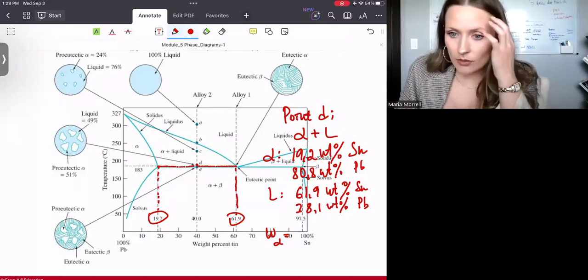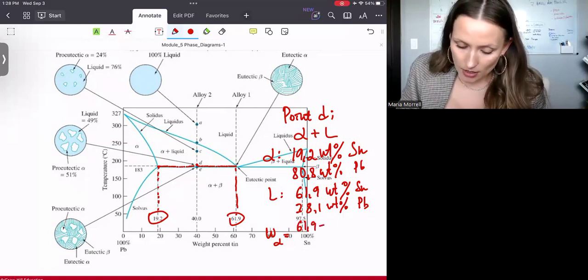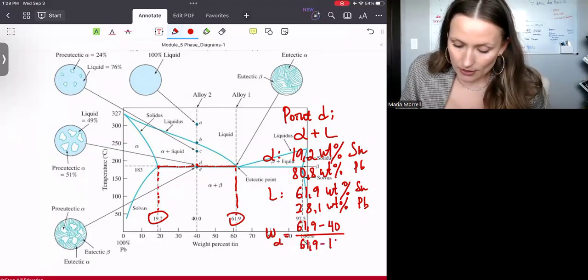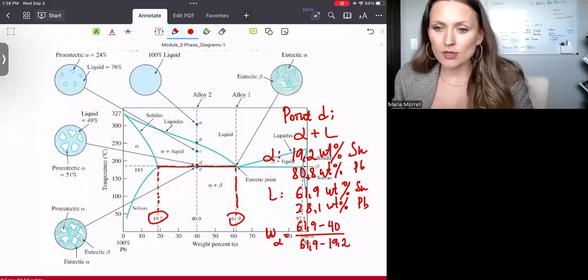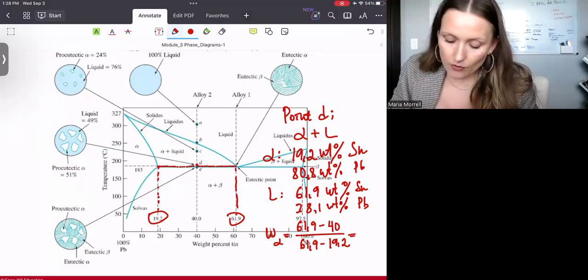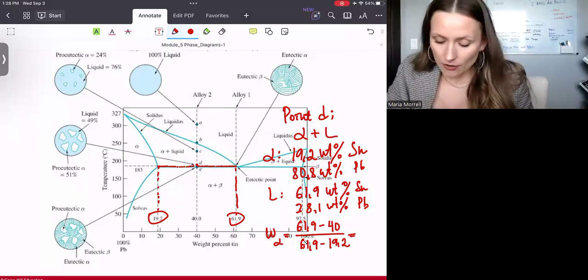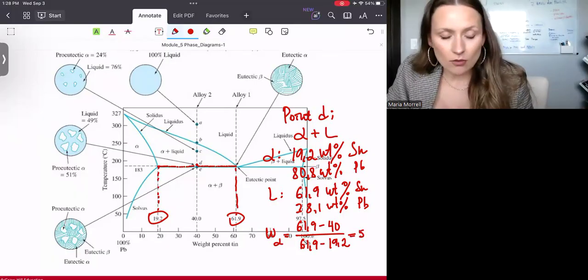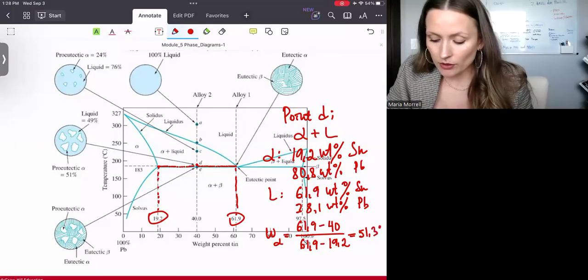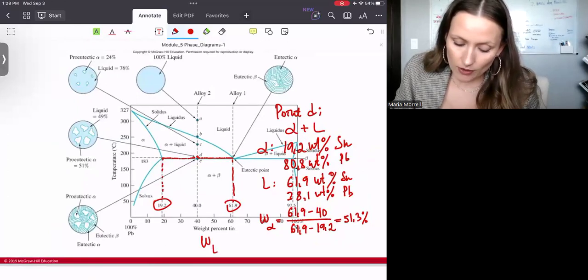So it's going to be 61.9 minus 40 divided by 61.9 minus 19.2, right? I'm taking this space and I divide it by the entire length of the tie line. Now, if I am to compute this equation, it will give me 51.3 weight percent.